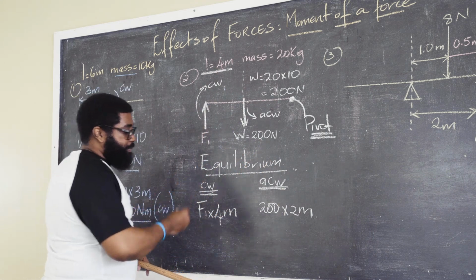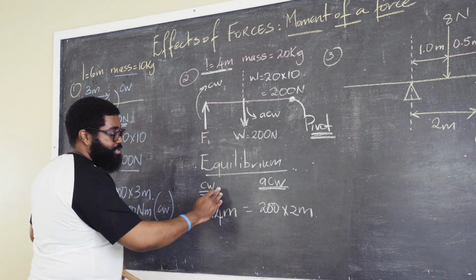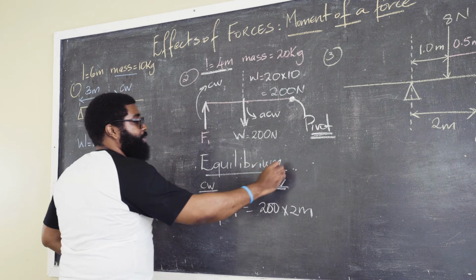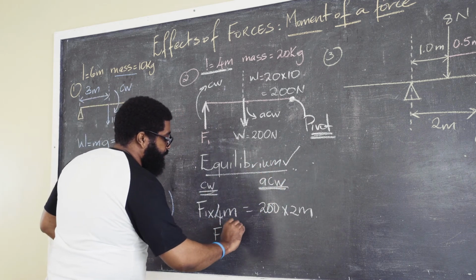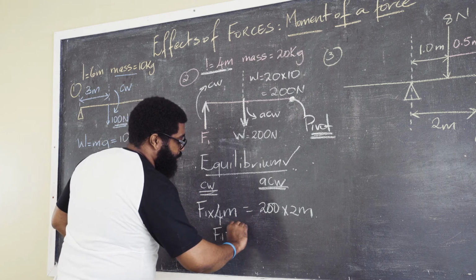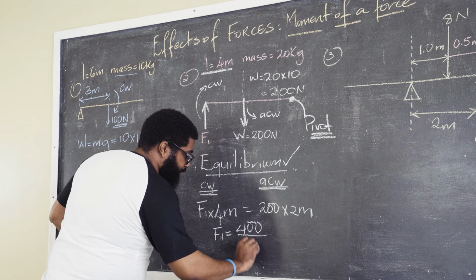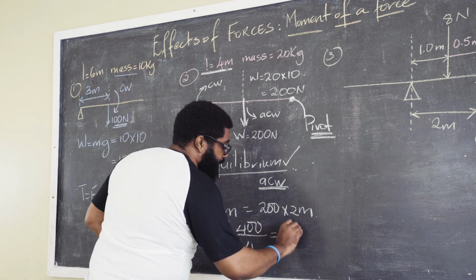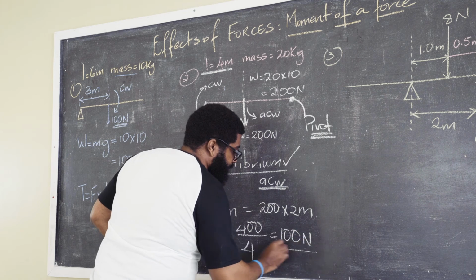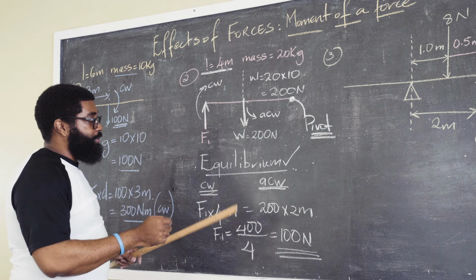And again, by the principle of moments, these two are equal. Your clockwise is equal to your anti-clockwise because you're in equilibrium. So F1 is 400, 200 by 2 is 400, divided by 4. F1 is 100 newtons. Again, how did we do this?